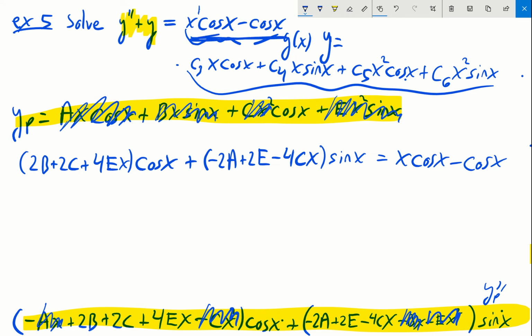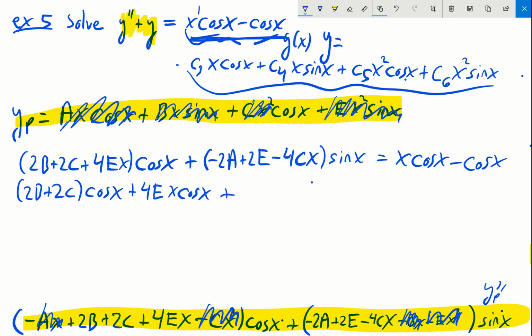So I'm going to split this apart one more time because we want to match up cosine and x cosine terms here. So let's break this out a little bit. So we have a 2b plus 2c, that's a constant, times cosine x. And then we have this thing here, which is our 4e, which would be like an x cosine x term.